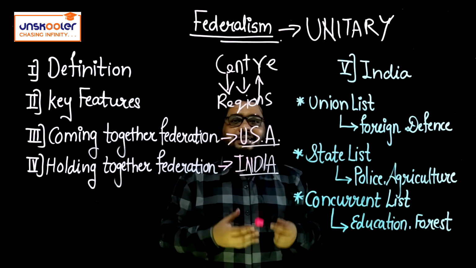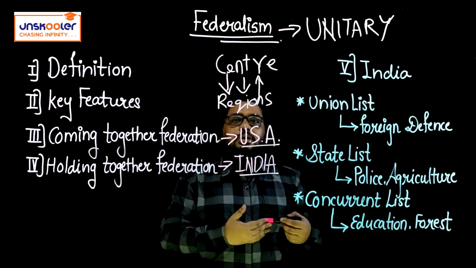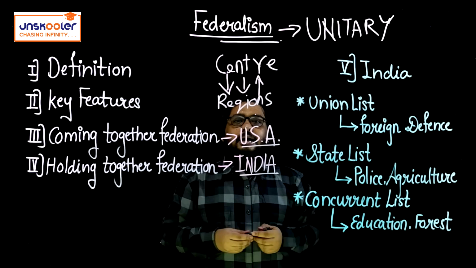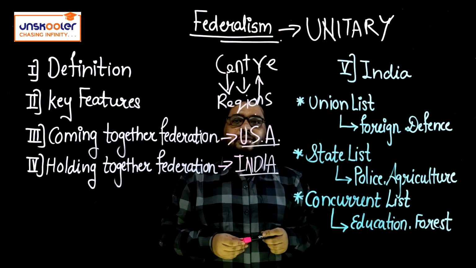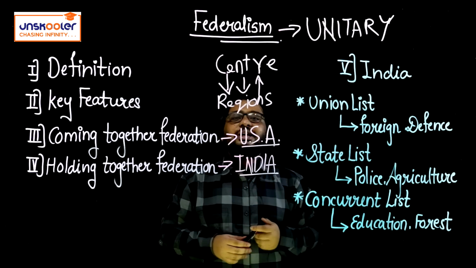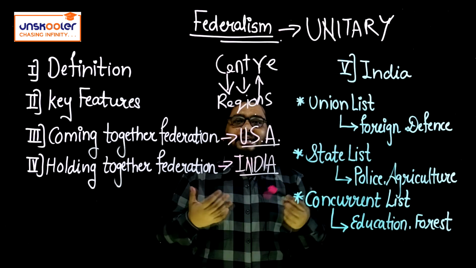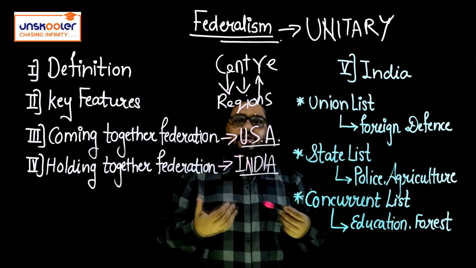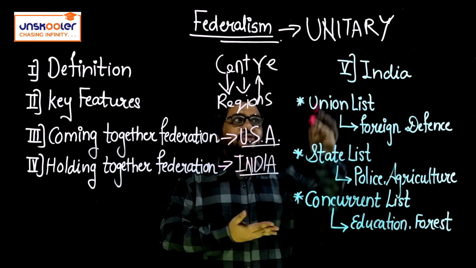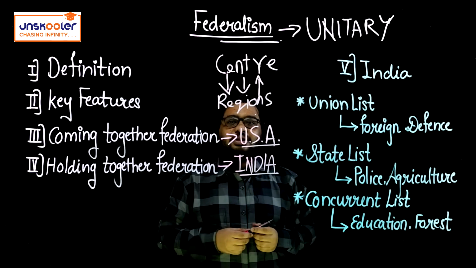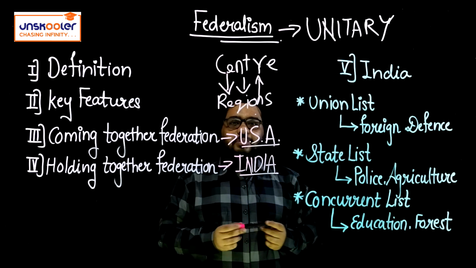Sri Lanka is a classic case because recently the long drawn out Tamil conflict ended. And one of the reasons given for the conflict was the total unitary nature of the country.